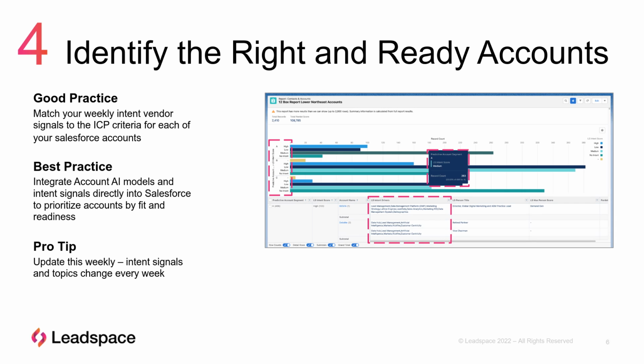Just that one thing to remember is that intent signals are only at an account level. And for the most part, you're probably getting those files every week into your marketing department. And chances are that they're not being integrated into Salesforce or whatever your sales automation tool is, right?